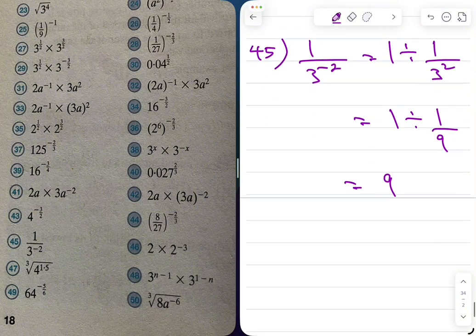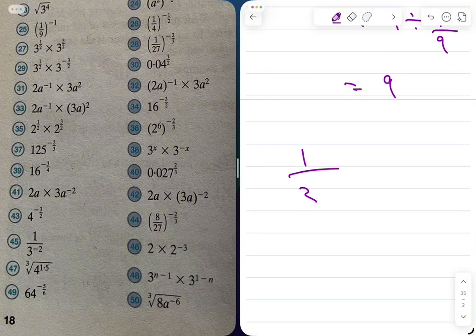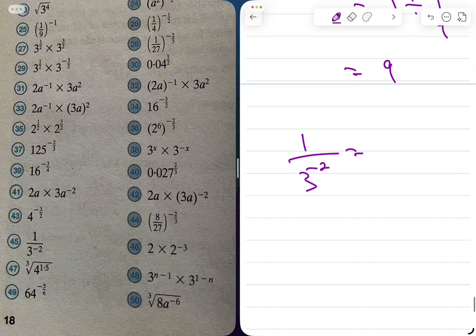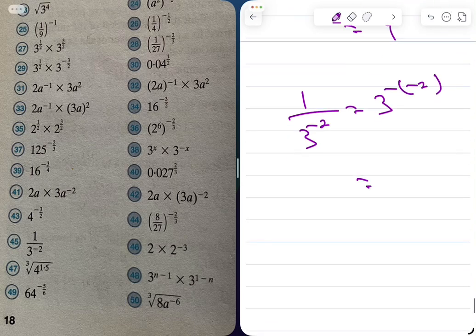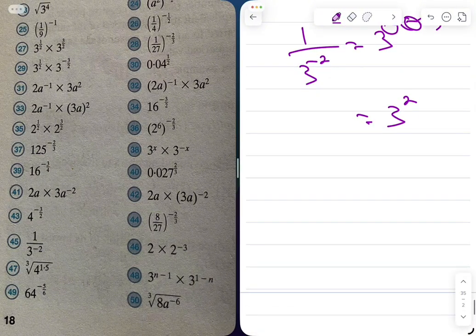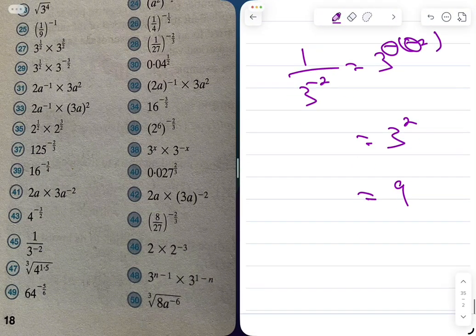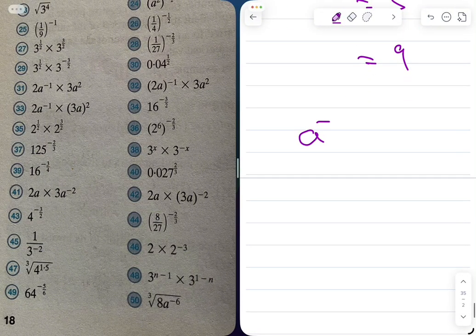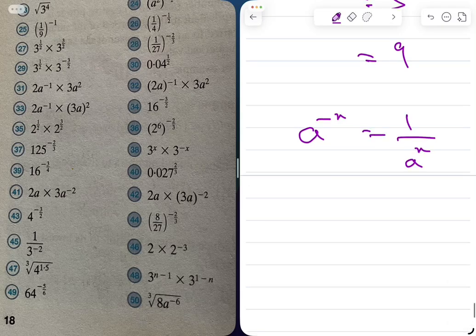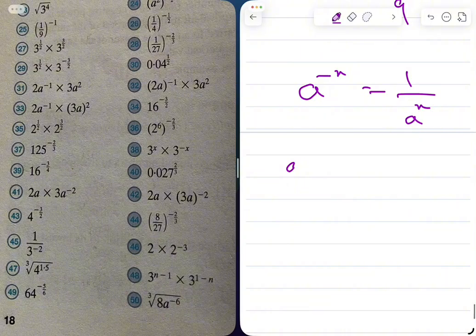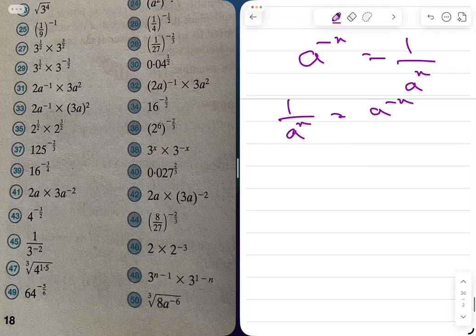I can also do it this way, 1 all over 3 raised to the power minus 2. That's simply the same as 3 raised to the power minus into bracket minus 2, and minus times minus is plus, so that's 3 raised to the power 2, which is 9. So what it simply means is, if a raised to the power minus x means 1 over a raised to the power x, then 1 over a raised to the power x is also equal to a raised to the power minus x.